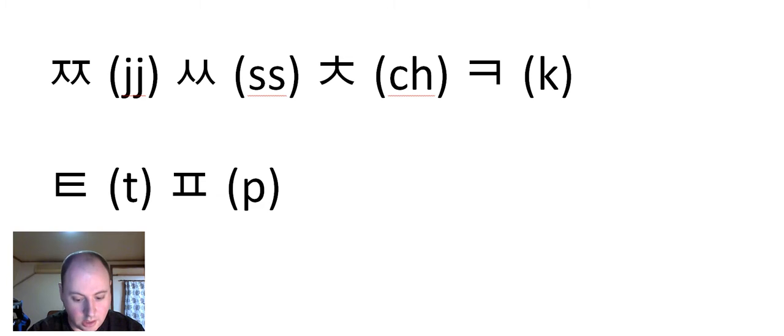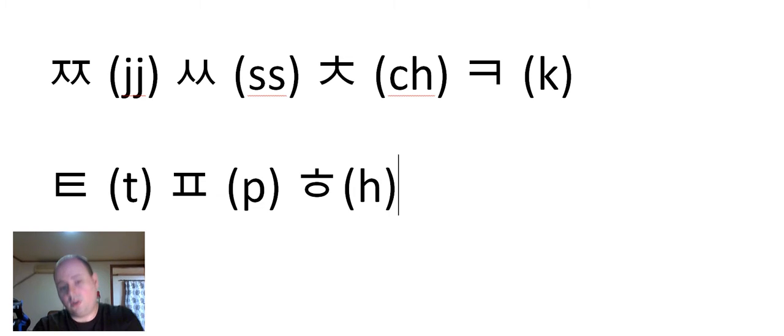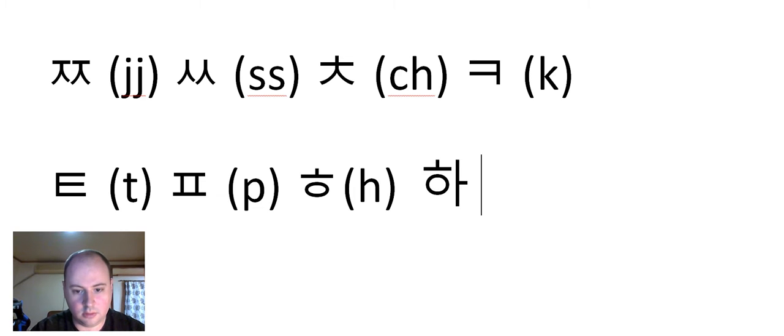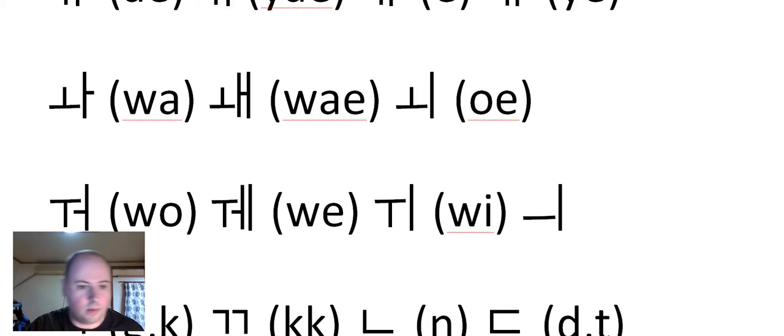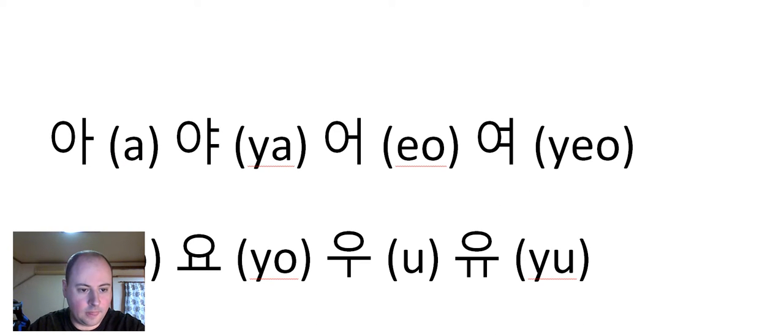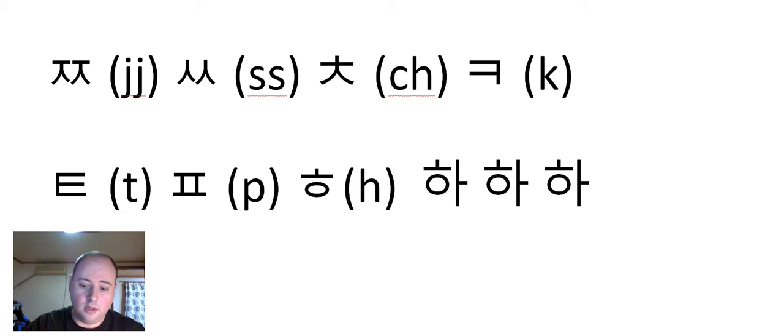And then the last one, thankfully, is that one, which is literally just H. So if I wanted to write ha, like ha ha ha, as in laughing, it's that. So this character here is the h, that character there is a, but we lose that silent one. And then we put this H on and it becomes ha.